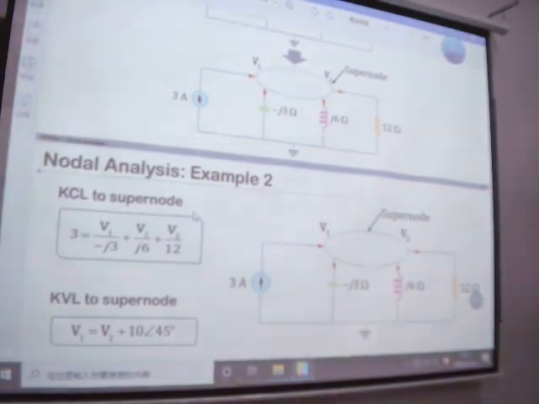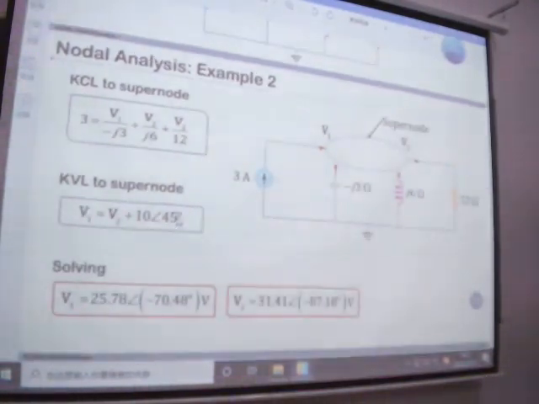If we have the computer, the shortcut way is the easiest way. The supernode is one way to analyze. We should know it, but actually we don't use it too much in practice. Okay, we should know this.